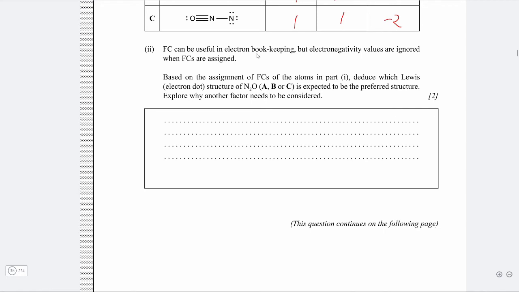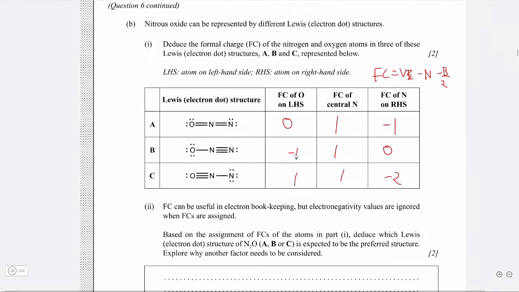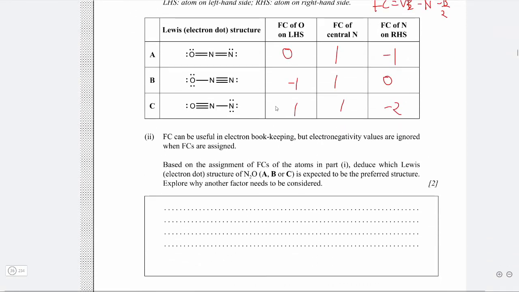Formal charge can be useful in electron bookkeeping. Electronegative values are ignored when formal charges are assigned, which is expected to be the preferred structure. So firstly you want to minimize the formal charge, and then you want the formal charges to add up to the charge of the molecule, and you want the most electronegative atom to have the negative charge, which in this case is the B structure, because oxygen carries the negative charge, and we have minimized the charges.